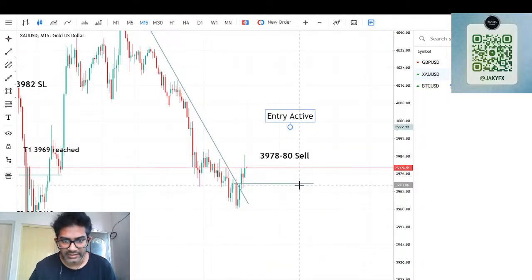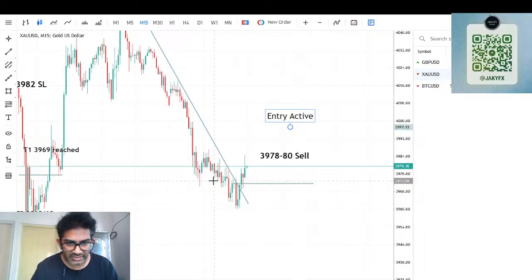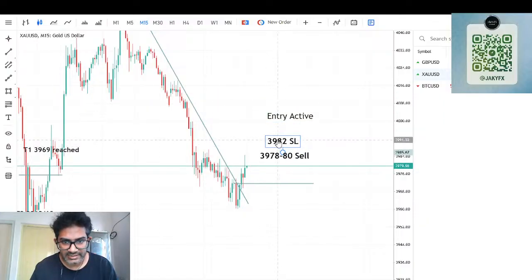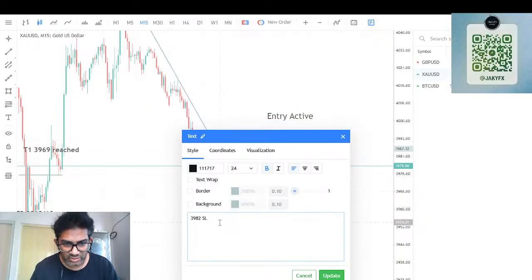Alright, so we can enter at current levels 3978 and 3980. Between those levels we can enter with a stop loss at 3986. We're putting a little lesser stop loss here.